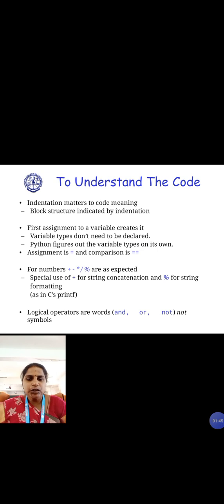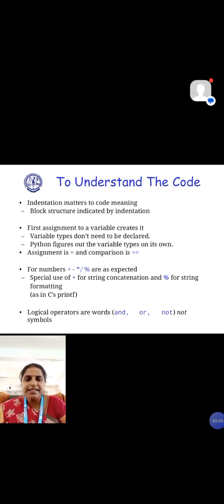To understand the code, we have some main things: indentation, assignment of variables and numbers, and logical operators. Indentation is an important thing, in which block structures are indicated by the indentation, which marks the beginning of the program.